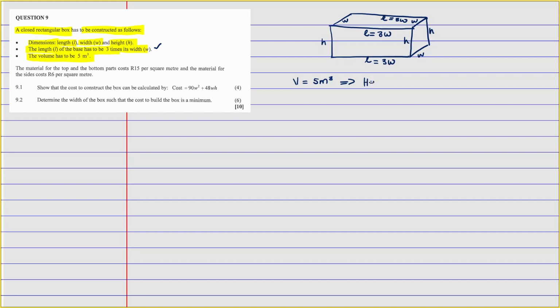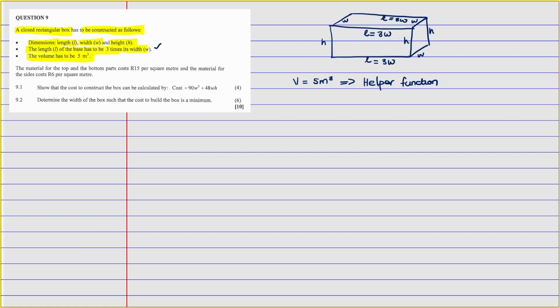Remember when I talked about the helper function, this is going to be the helper function, because they gave us how much the volume is. Does that make sense? You're going to see how it's going to help us solve this question. Are you okay with that?